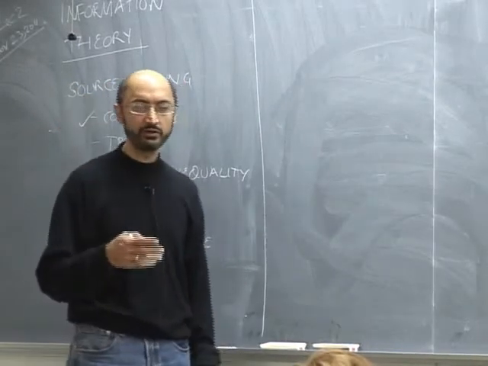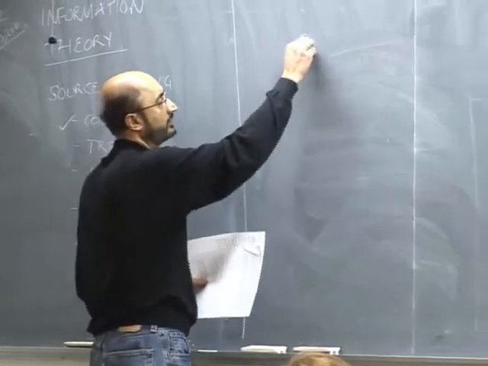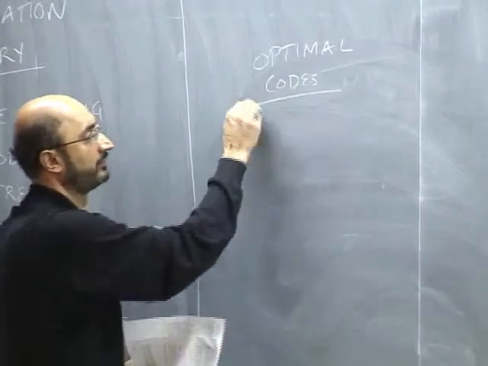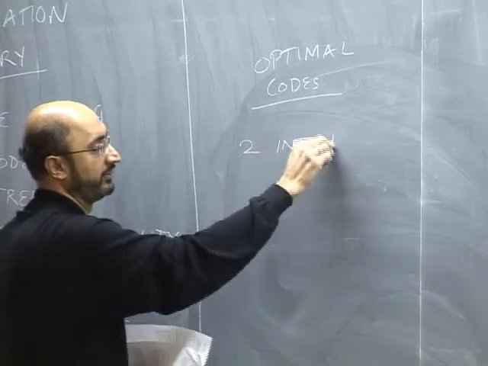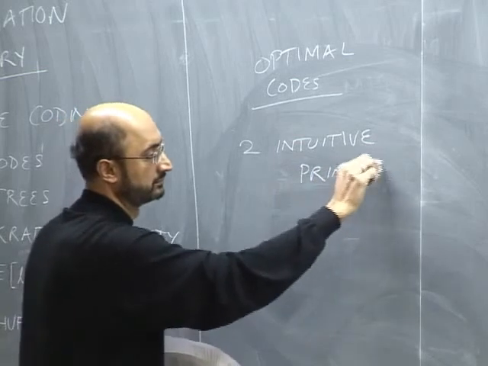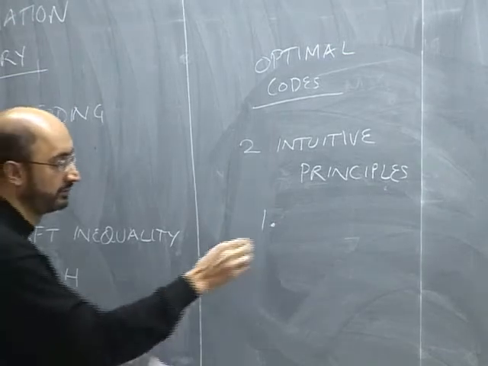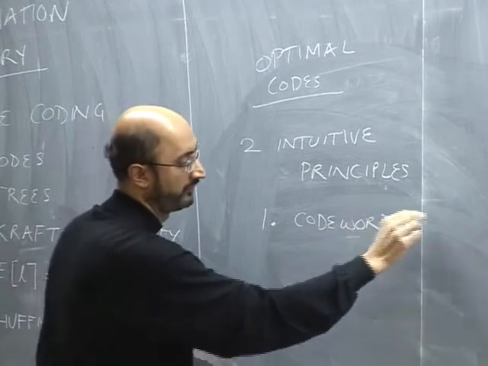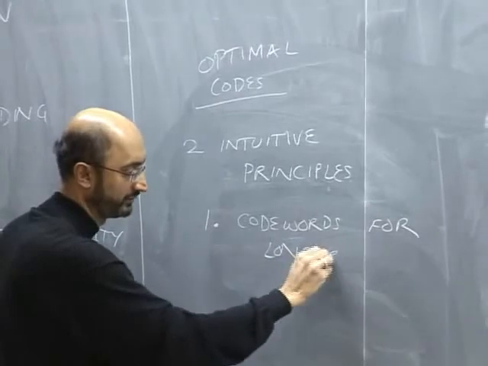But first, let me talk about 2 intuitive principles for optimality. So what are 2 things that we can use for optimality? The first one has to do with choosing code words for longer symbol sequences.